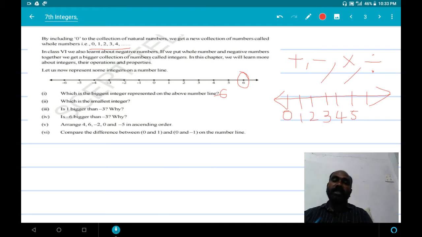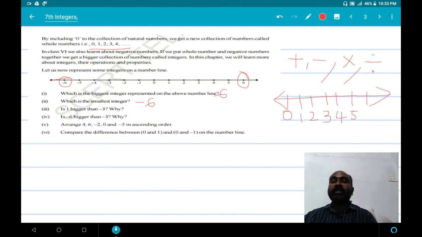Then which is the smallest integer? Already you know, the right side is bigger, and the left side is smaller. So here the smallest integer is minus 6. Okay, smallest or biggest.